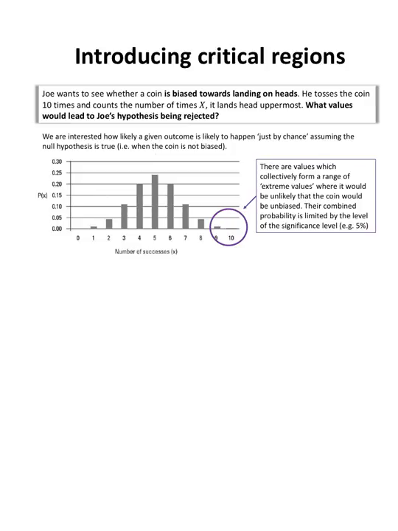So their combined probability is limited by the level of significance, for example 5%. We're interested in how likely a given outcome is to have happened just by chance, assuming the null hypothesis is true. So if the null hypothesis is true, then these extreme values have just happened by chance.